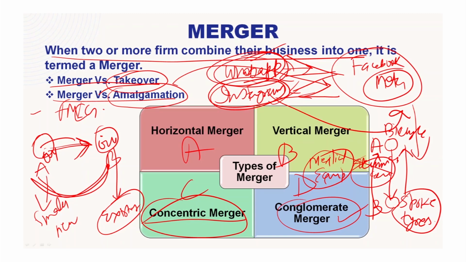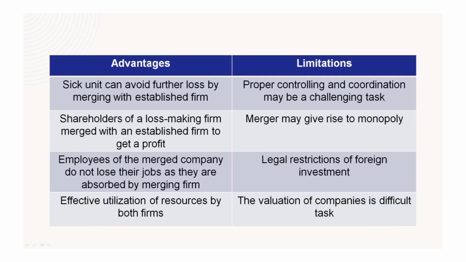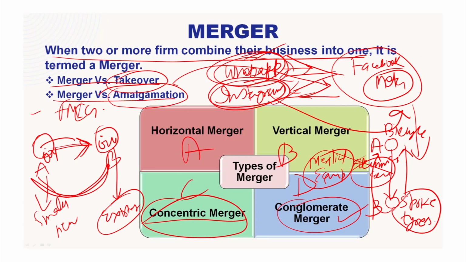So these are the different four ways of mergers within the company, and let us quickly discuss the advantages and disadvantages. A sick unit can avoid further losses by merging with the established firm. Like we have taken the example, company A who was selling the oil and company B who was also selling the oil.